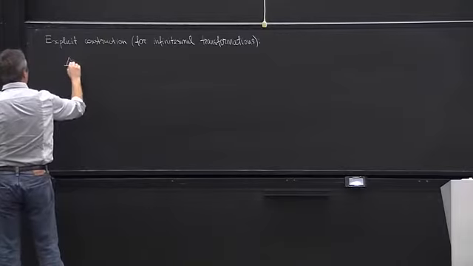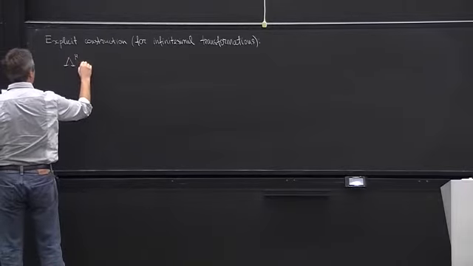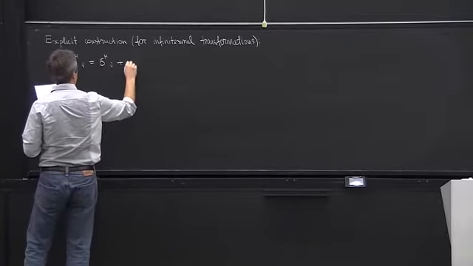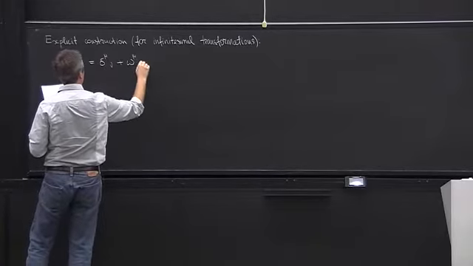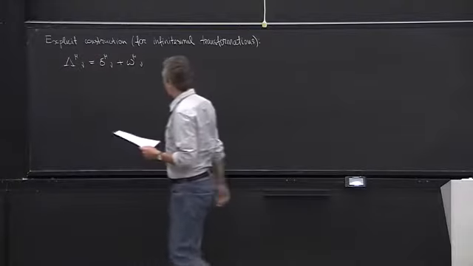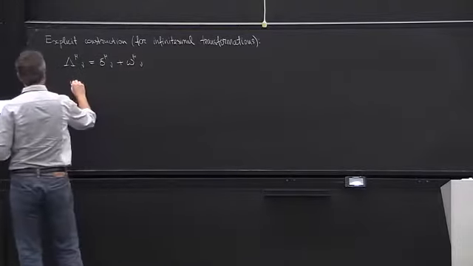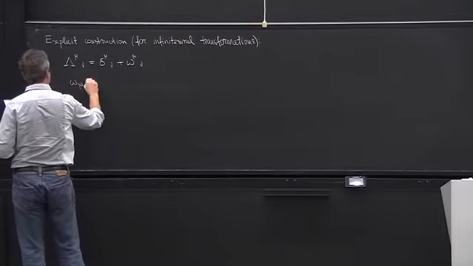So infinitesimal Lorentz transformations, meaning that they are very close to the identity transformation, are characterized by a set of parameters which form an antisymmetric tensor.